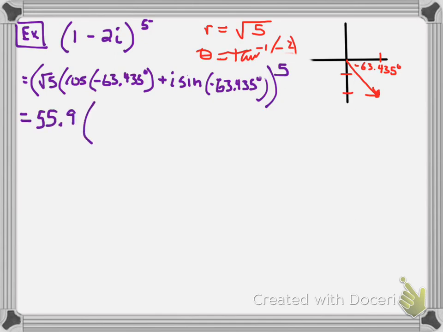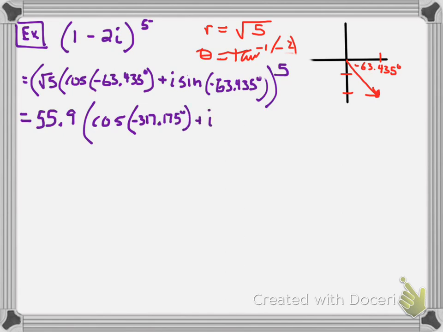Times cosine of negative 63.435 times 5. What do we get? What do you get? Negative 317.175 degrees.